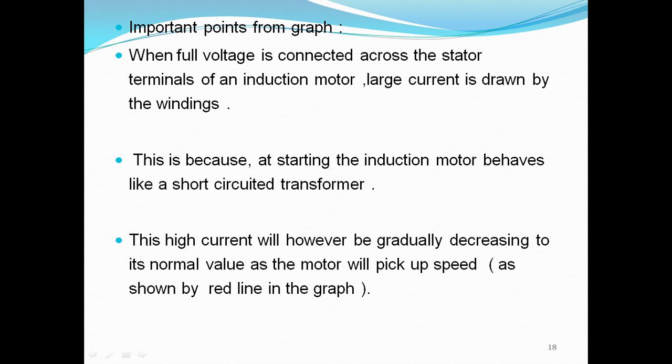So what happens? If you press the on button, the contactor coil C becomes energized through the off switch and overload relay contacts, and the contacts are closed. This closes the main contacts and the motor gets connected across the supply. The motor continues to get the supply until the off button is pressed.